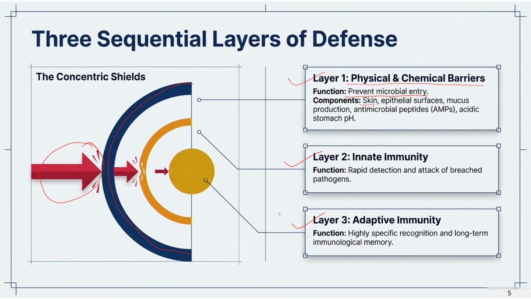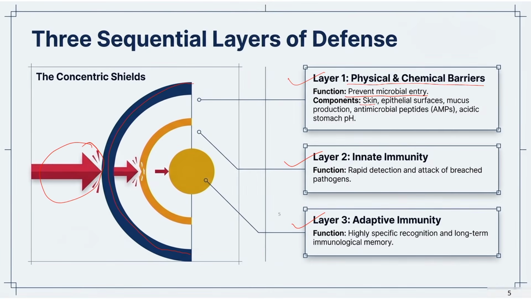Skin is actually the largest organ of the human body, present throughout the surface of the human body, and therefore anything entering the human body comes through the skin. Unless there is a cut or breach in the skin, we don't see any entry of pathogens inside the human body. Second are epithelial surfaces, such as mucus production in the alimentary canal.